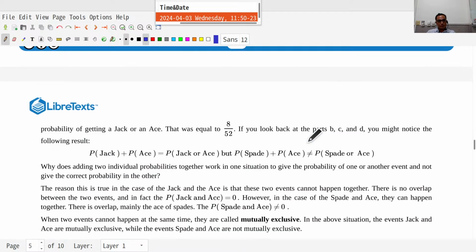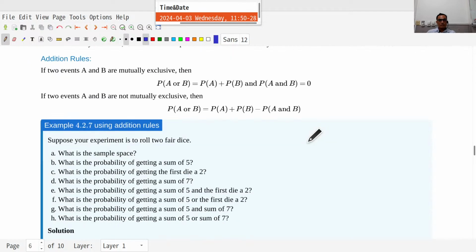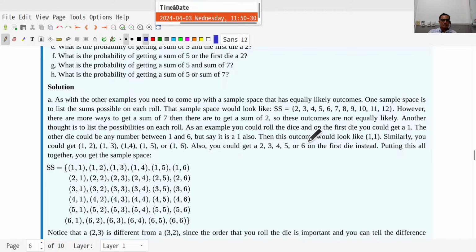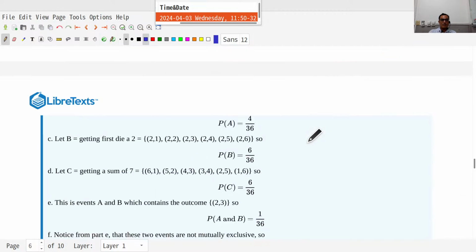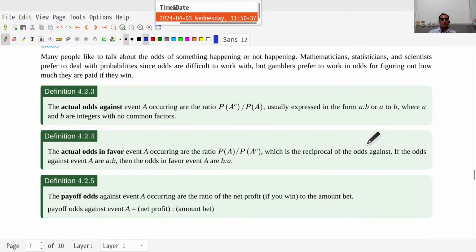Let's move on. I think this part is very similar, so I will skip this one. And let's look at the definition here. Definition 4.2.3.